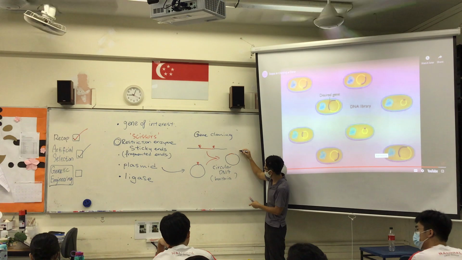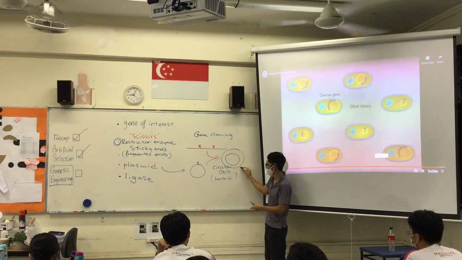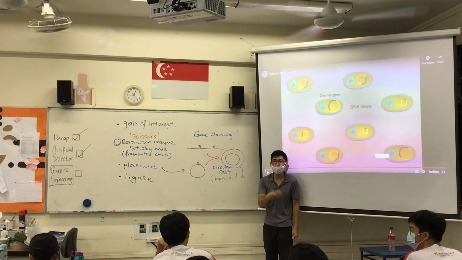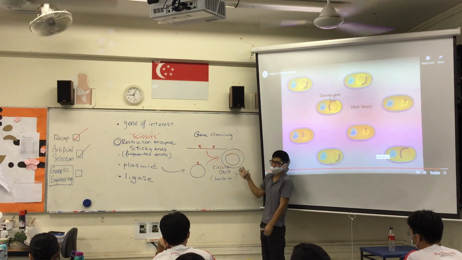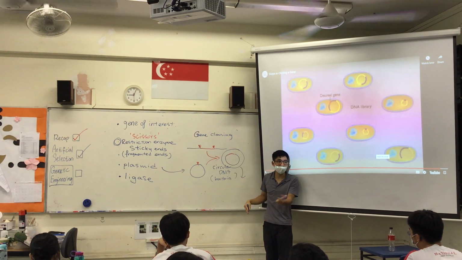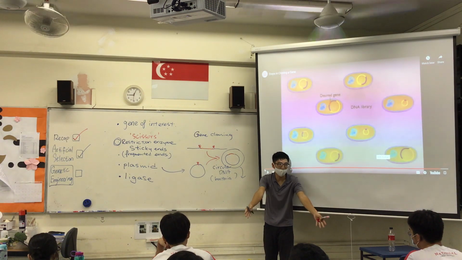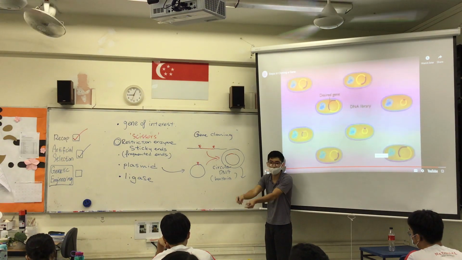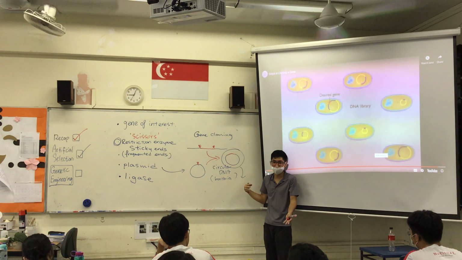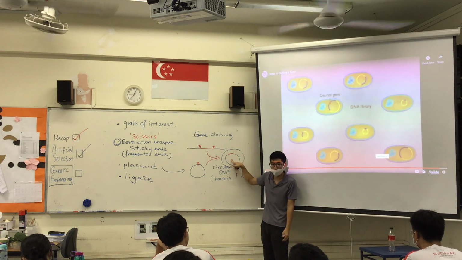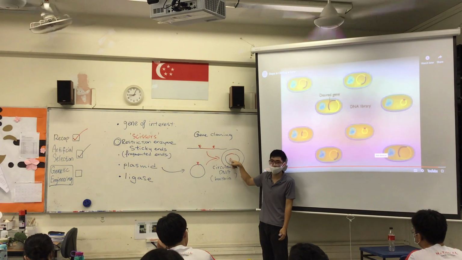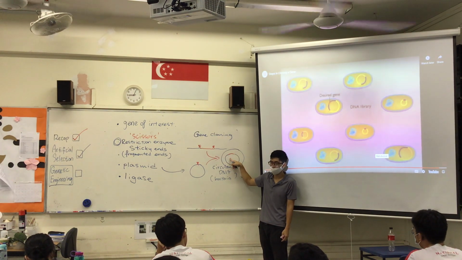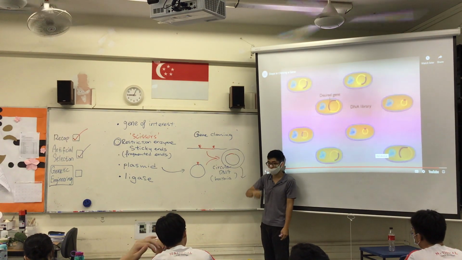Because this can then be transferred into any organism we want to modify. Let's say we want to transfer it to a fish egg that will eventually grow to an adult fish. We want to transfer it to a plant cell that will grow up into an adult plant. This is what we require. We require a package that contains the gene of interest. So that's what we are going to learn today.